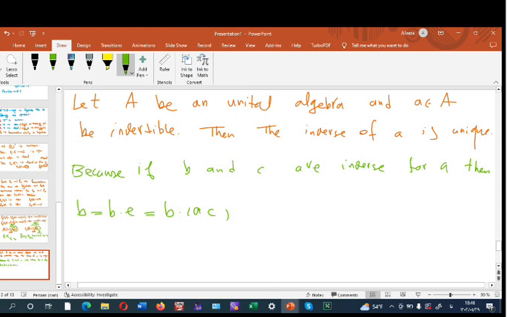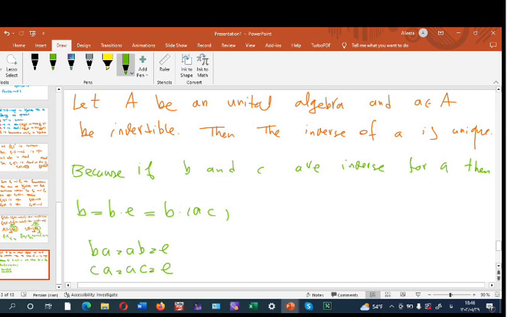Because b and c both are the inverse of a, so that ba equal to ab equal to e, and also ca equal to ac equal to e. We have all of these equalities, so that we can consider e equal to ac.